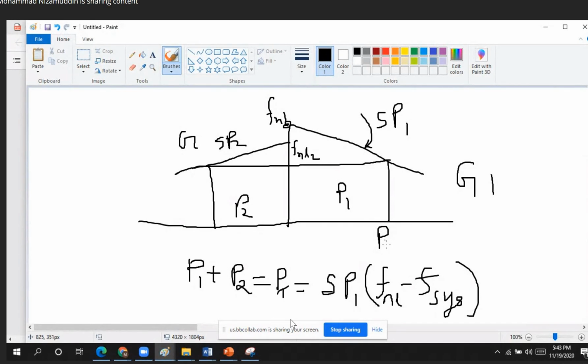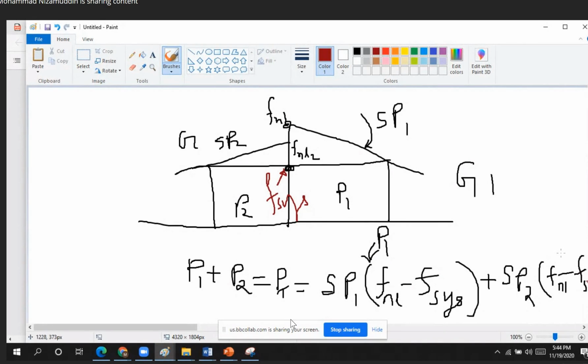And for P2, F no-load minus F system. The system frequency for both of them is the same. This is the system frequency for that load. So this is the formula.